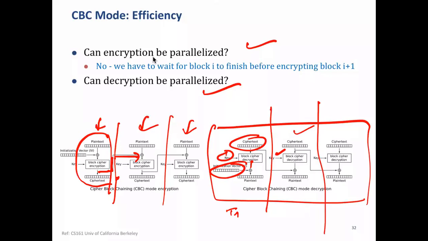Is this ciphertext also available? Yes, it's also available, right? So at the same time decryption can be done. So in the same time stamp, same time period, all this decryption can be done. So decryption can be parallelized.